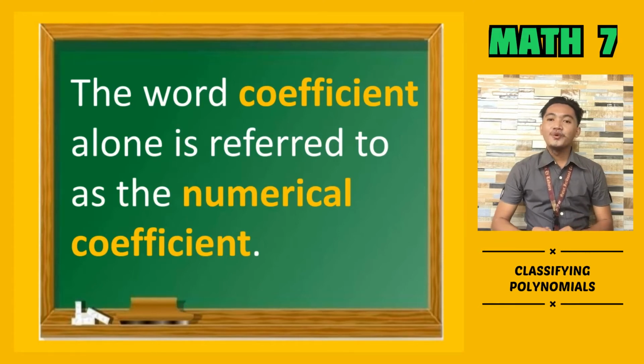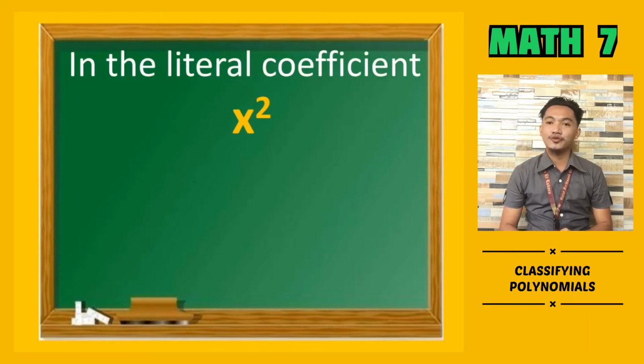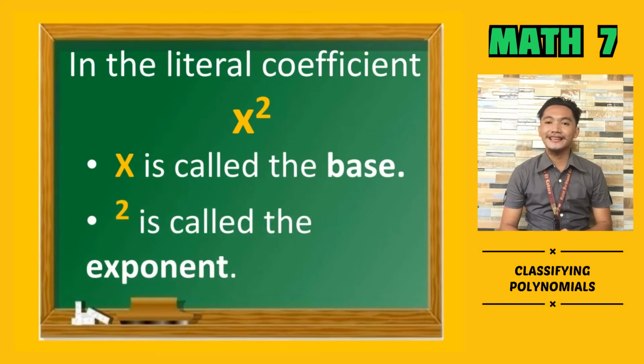Alright, we said that a literal coefficient is the variable including its exponent. Let us look at the literal coefficient x squared. X is called the base, and 2 is called the exponent. With that, we can say that the exponent refers to the thing that you can see in the upper right of the base.